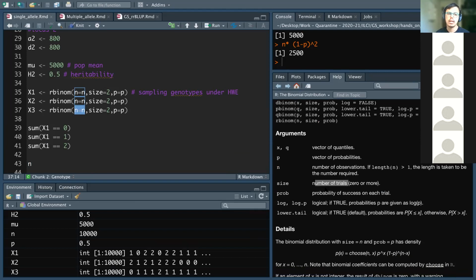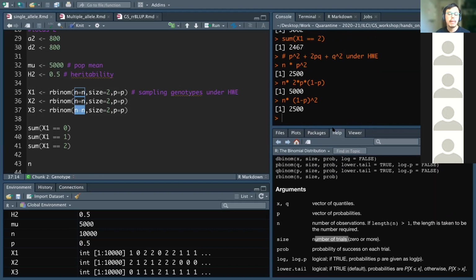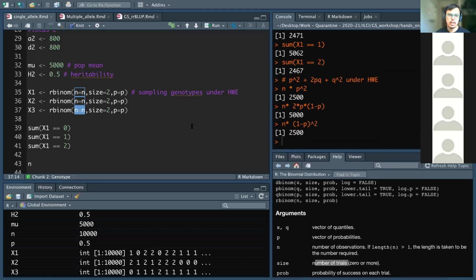That is why we are using the number 2, because we are going to have 3 genotypes: 0 for the recessive homozygous, 1 for the heterozygous, and 2 for the dominant homozygous. So that is why the size should be 2. And p is the probability that we are going to use, that is the allele frequency. That's a good question.